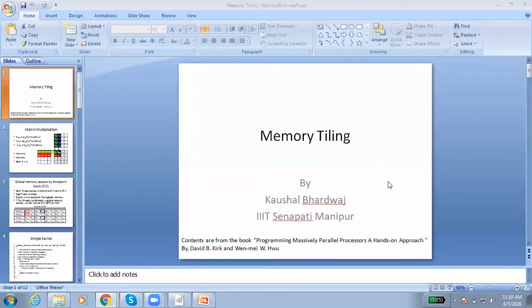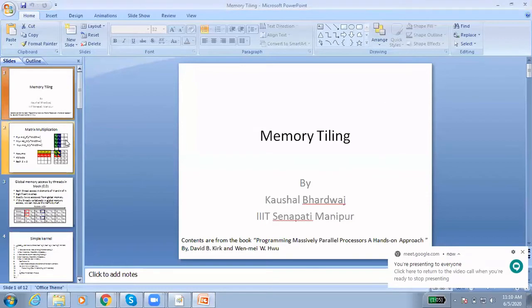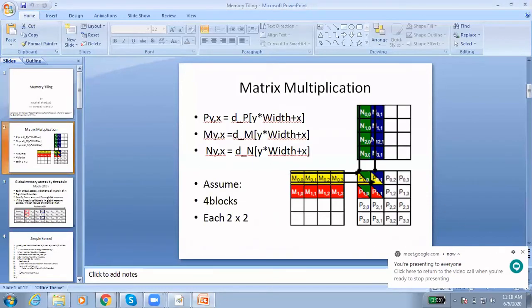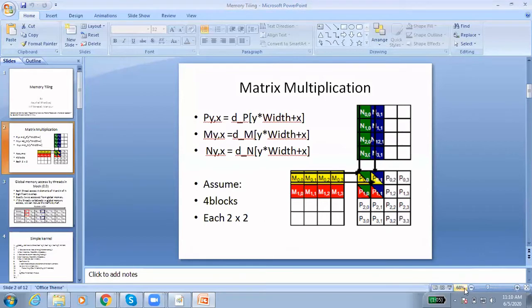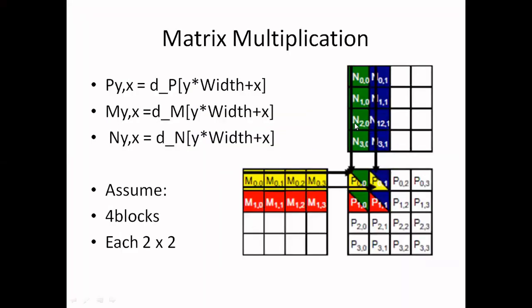Okay, so here we will understand the need for shared memory with our matrix multiplication example. Let us assume we want to multiply these two matrices, M and N. For P00, I have already defined here that it is y into width plus x, so we can find this memory location, right?